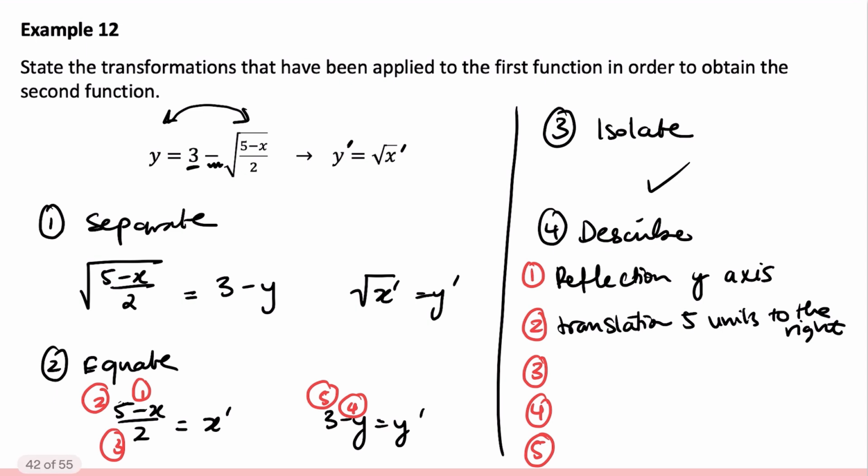We will then have dilation by a factor of half, and that'll be from the y-axis because it's attached to the x. All right, so that's the first lot done.